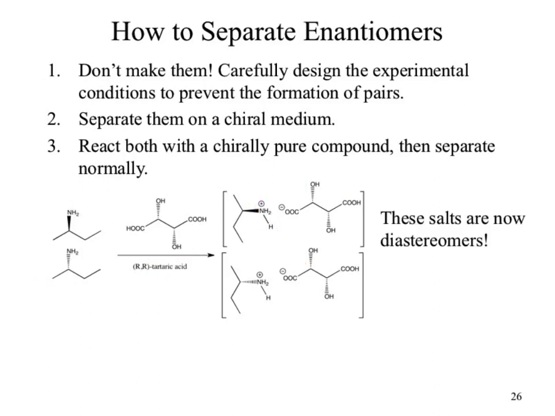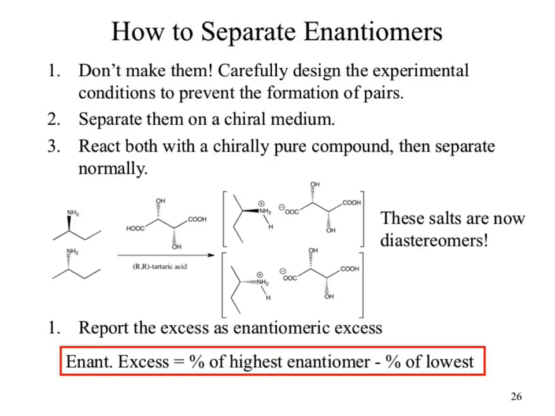Okay? Last but not least, accept that you suck at it and just tell everybody you screwed up. Okay? So report the excess. So what we would go through and do is define an enantiomeric excess. And what that means is I would say the percent of the highest enantiomer minus the percent of the lowest enantiomer.